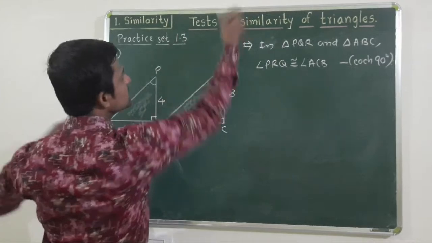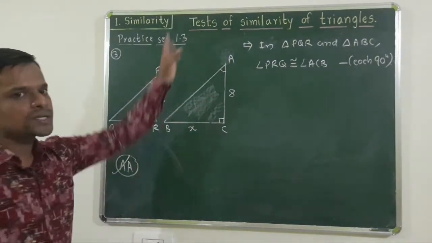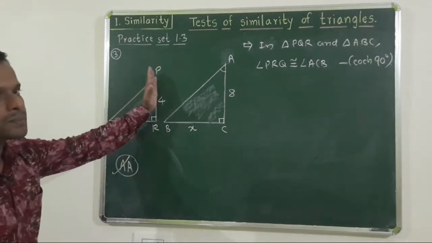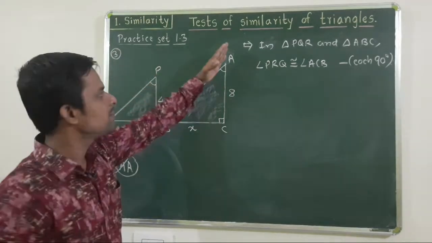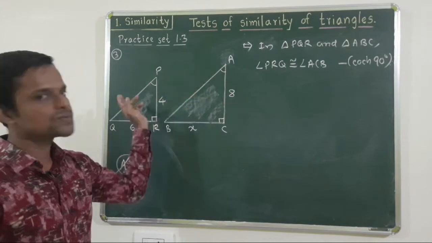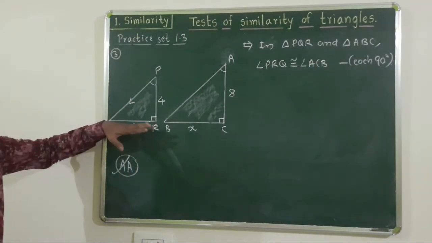Suppose here is the sun. Sun is very far away from these two poles. Long distance from these two poles. Therefore, the angle made by the sun ray and the first pole, and the angle made by the sun ray and the other pole will be the same. This is the sun ray. Because of this sun ray, there is shadow.